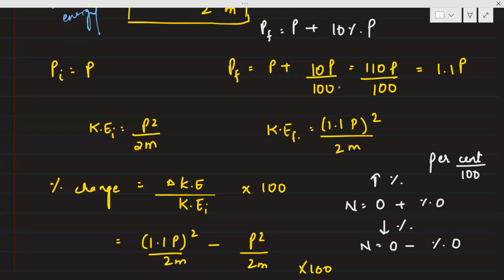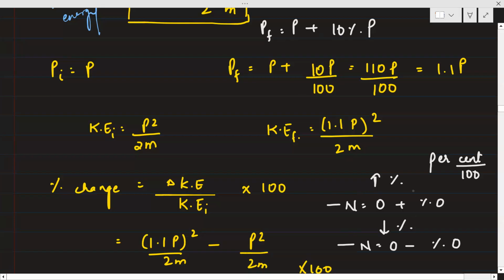So 10 by 100 has given the same thing. I have written 10 by 100. Then further I have taken the LCM. If this said that this is decreasing by 10%, I would have subtracted here. So remember this formula, this will be helpful. New quantity will be given by original plus whatever is the percentage in the original, you will add it. It's like P was already there, and 10% of P is there.